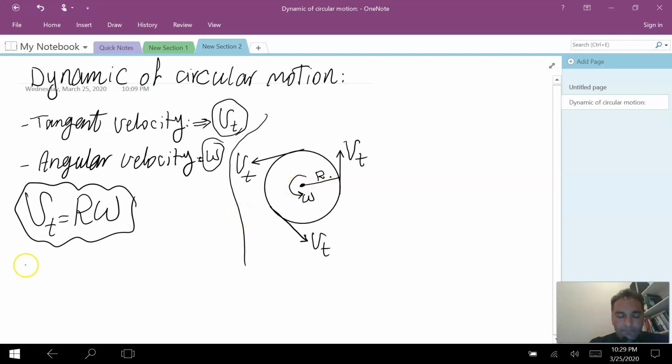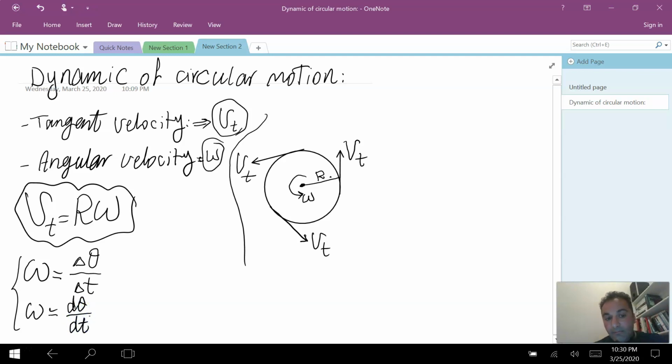And also we learned that omega is delta theta, correct, divided by delta t, or in calculus, omega is d theta over dt. What is theta? It's called angular position. It is like x.